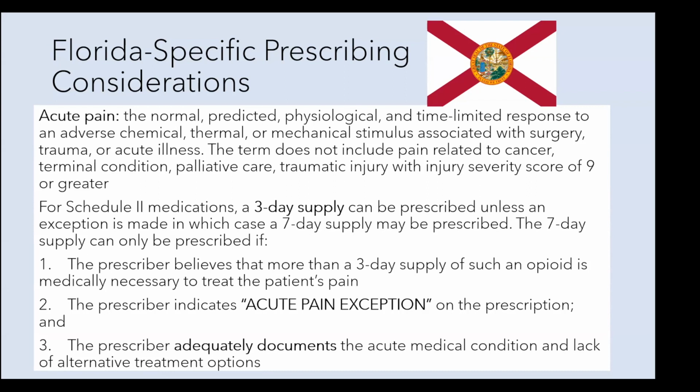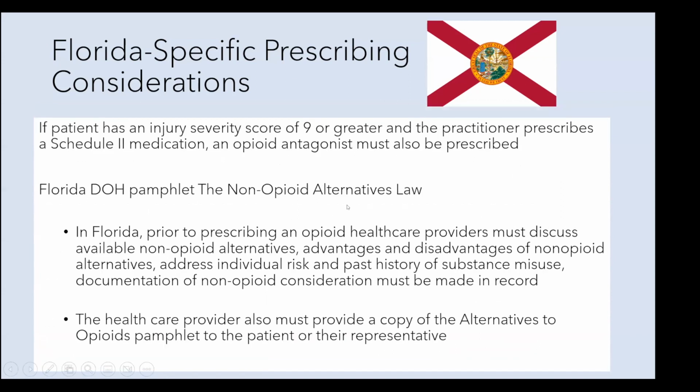A 7-day supply can only be prescribed if the prescriber believes that more than a 3-day supply is necessary, and they have to indicate acute pain exception on the prescription. So there are a lot of rules here to become familiar with when you are prescribing an opioid. And you have to adequately document the acute medical condition and lack of alternative treatment options in the record.